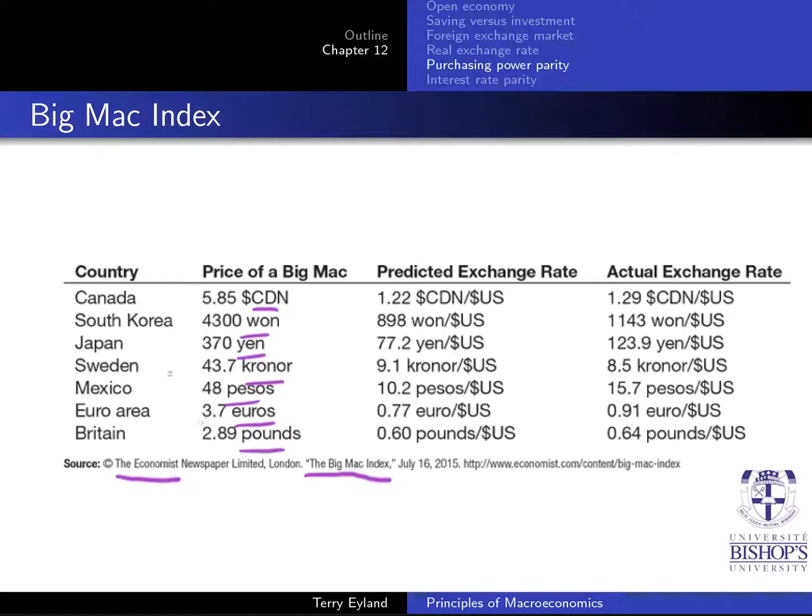Based on how much the Big Mac costs in the States, they have a predicted exchange rate, based on the real exchange rate being equal to 1, or having absolute purchasing power parity, and then they compare it to the actual exchange rate. So we could see here that a predicted exchange rate is this, but this is our actual exchange rate. It gives you an idea of whether our actual exchange rate is overvalued or undervalued relative to what it should be if we had absolute purchasing power parity.